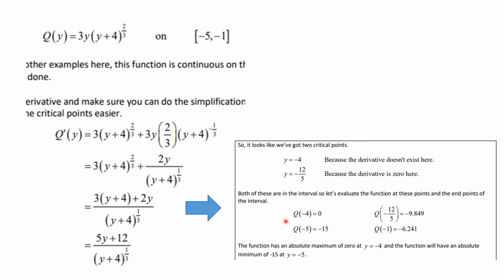So we have to evaluate the endpoints of the interval as well as these critical values. And the function then has an absolute maximum of 0 at y equals minus 4, and the function will have an absolute minimum of minus 15 at y equals minus 5.